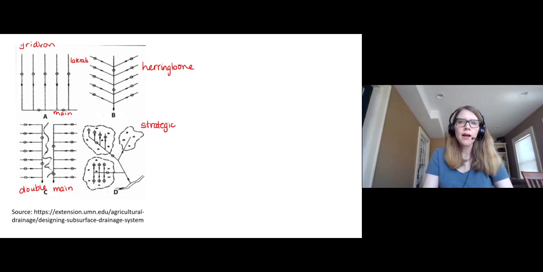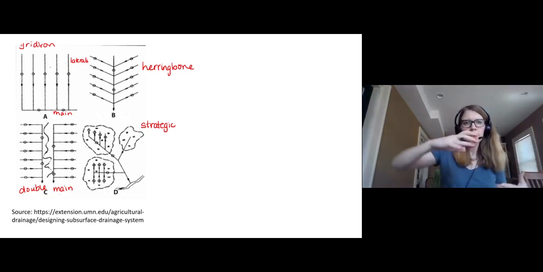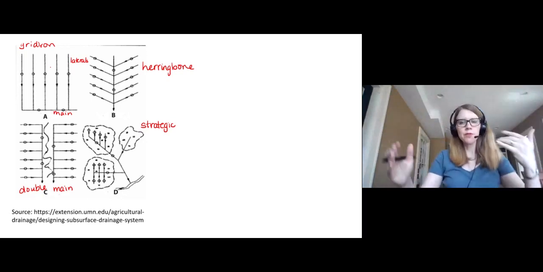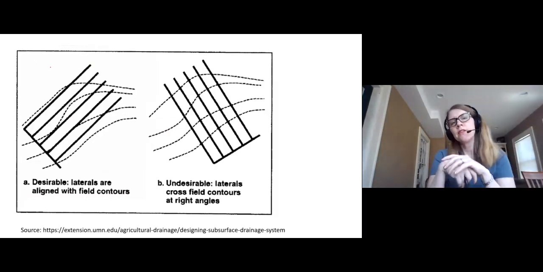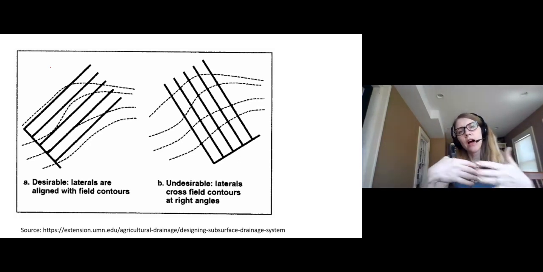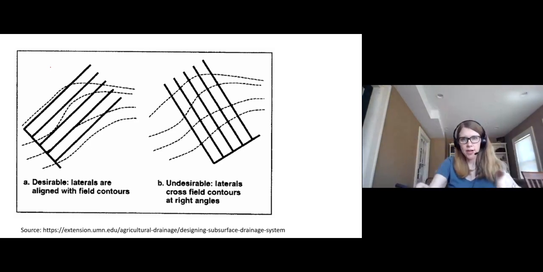Okay, so now one question that arises when we are doing a gridiron design in particular is, which way do we orient the laterals versus the main with respect to field topography? So the guidance is that it's the most effective when you can put the laterals sort of along the contours of the field, as opposed to running them straight up and down the hill.